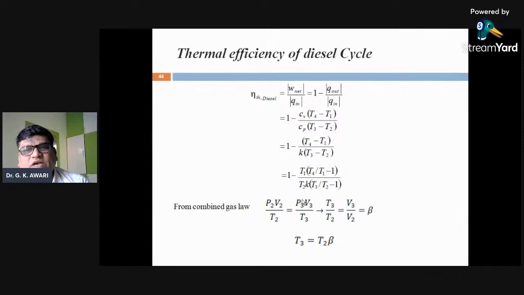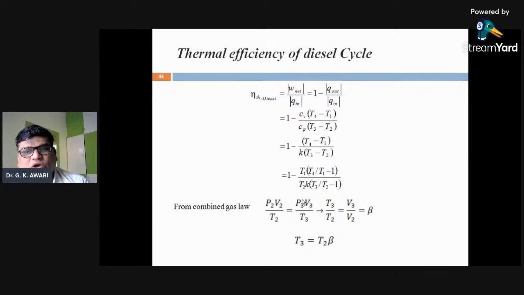Therefore Cp by CV is gamma. So 1 minus (T4 minus T1) divided by gamma (T3 minus T2). So 1 minus T1 (T4 by T1 minus 1) divided by gamma T2 (T3 by T2 minus 1).